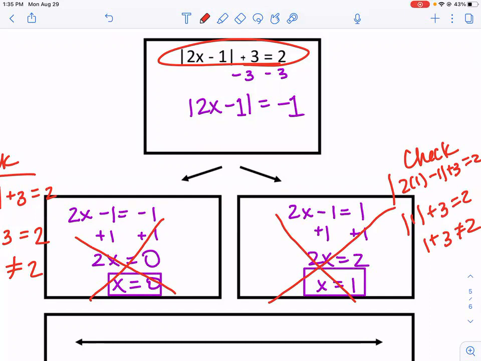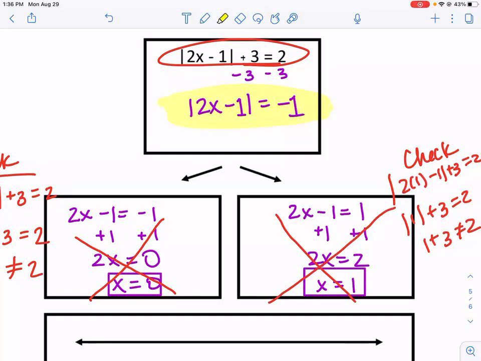I knew before we separated this out that this was going to happen. Who can raise their hand and tell me how I knew right here that this was not going to fly? Colin. It's because of the -1.